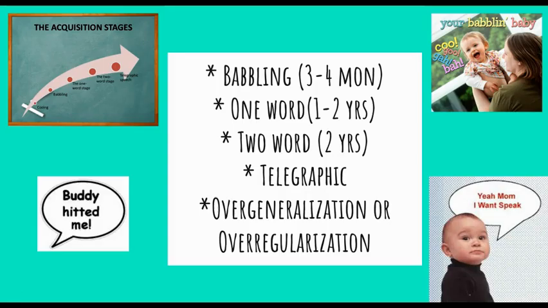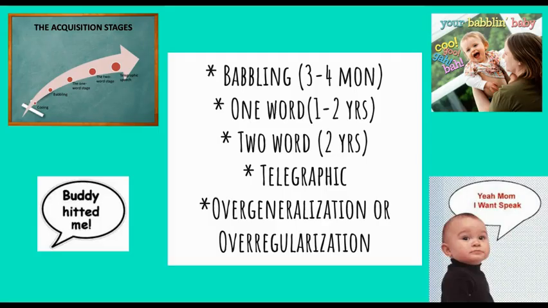So we know that in the past tense we say "Buddy hit me," not "hitted" to indicate the past. Sometimes children use overgeneralization or overregularization and use those -ed or -ing endings on words that they shouldn't use them for.